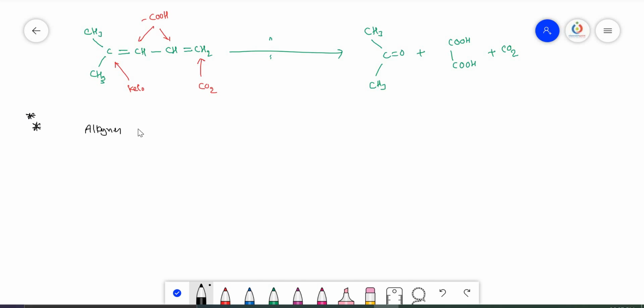Alkynes on ozonolysis, it may be reductive or oxidative, whatever the ozonolysis it may be, alkynes on ozonolysis give carboxylic acids.